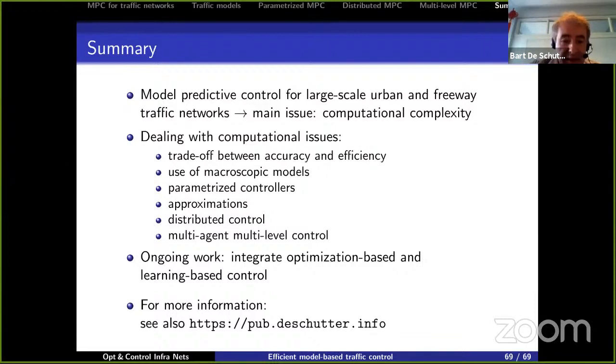In a recent work, an ERC project that was recently approved, we are going to look at how we can combine optimization-based control with learning-based control to further explore this trade-off between accuracy and efficiency, where the optimization-based approaches would typically yield optimality, and the learning-based approaches would typically yield online speed.